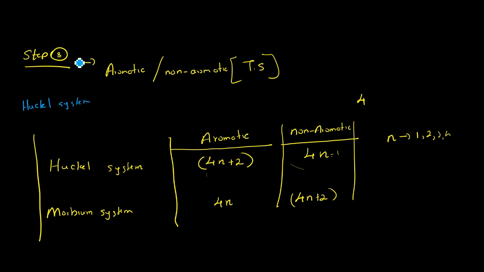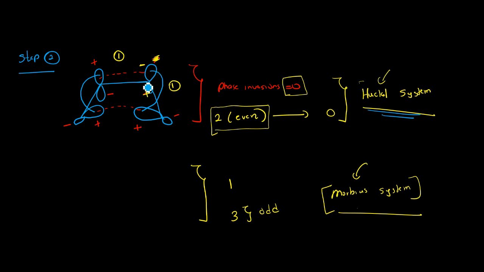So in step 3, what we are going to do is determine the aromaticity in our transition state, whether it's aromatic or non-aromatic. So we know our transition state is Huckel system. So we have to see in what rule it follows, the number of electrons which involves in the interactions. So you need to calculate the number of electrons which involves in the interaction.